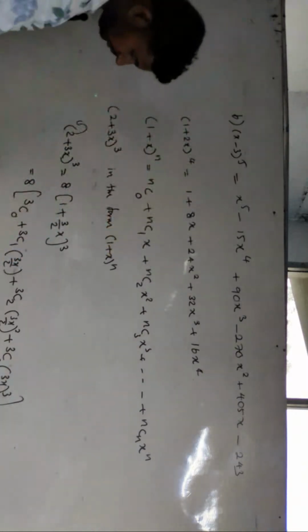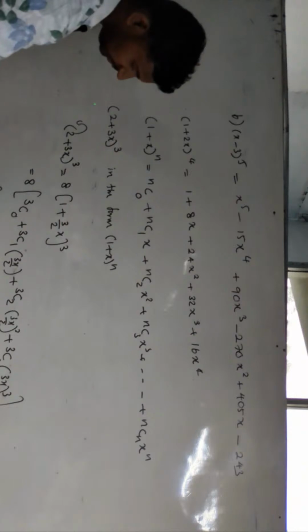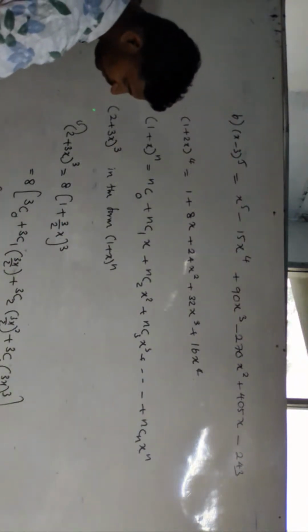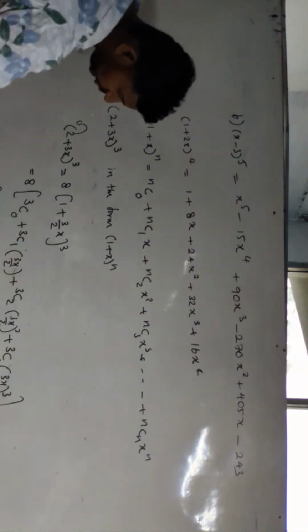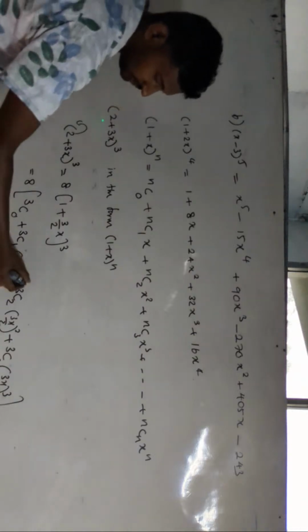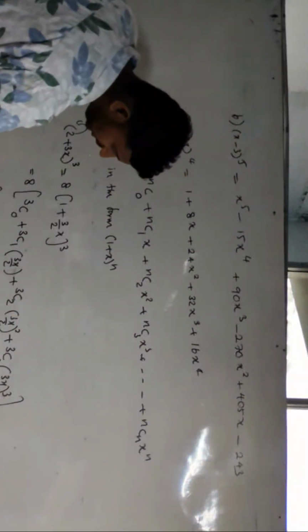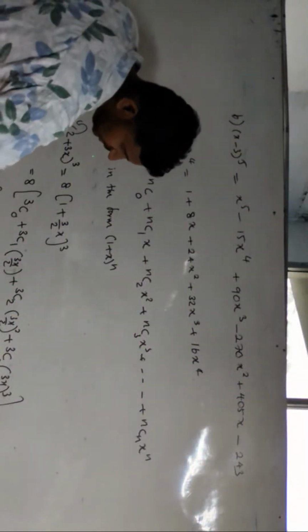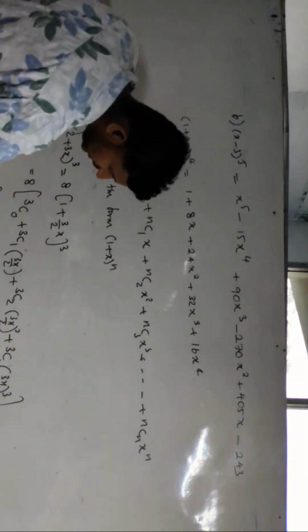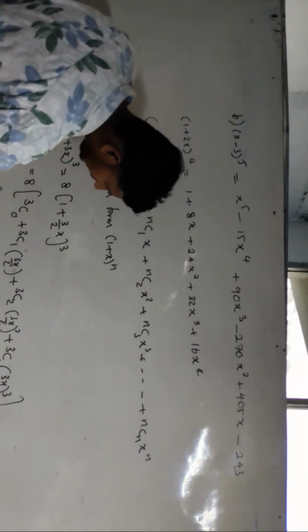Okay, right. That means 8 into 3c0, which is 1. 3c1 is 3, so 3 into 3 is 9, 9x over 2. 3c2 means 3c1 again, 3, 3 into 9 is 27 x squared by 4. And here again it will be 1, 27 x cube over 8.